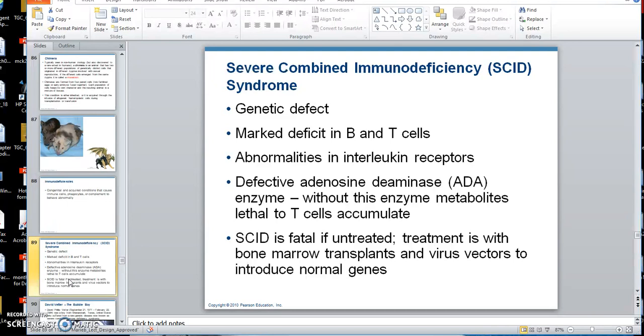You pretty much from that point on are going to have to live in isolation or a very protective immune environment. And one thing that can cause it is defective adenosine deaminase. But if untreated, it can lead to death.